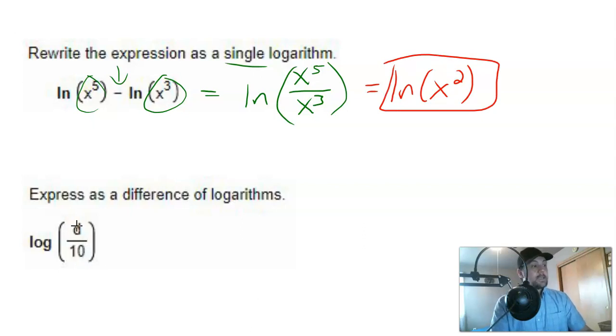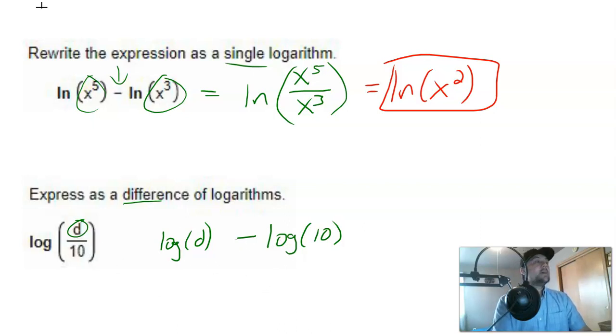For this second example, it's already a single logarithm. They want us to rewrite it as a difference of logarithms. So again, they want us to split it up into separate logarithms, which means d will go inside of its own logarithm. So I'll have log base 10 of d, and 10 will go inside of its own logarithm. And what will I do with these separate logarithms? I will subtract them. Because I'm dividing here, the logarithm should be subtracted.